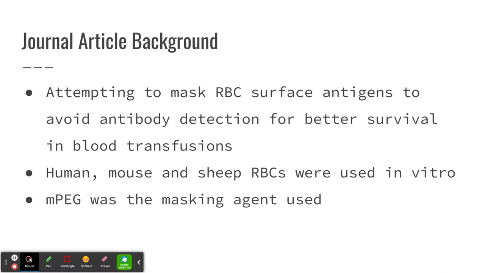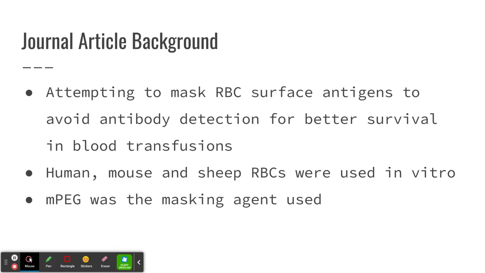However, occasionally, appropriate donors for patients with rare red blood cell types cannot quickly be found, and that situation can become life-threatening. So what they were trying to do is create red blood cells that essentially could evade detection from the antibodies and therefore still help the person that is receiving the transfusion.